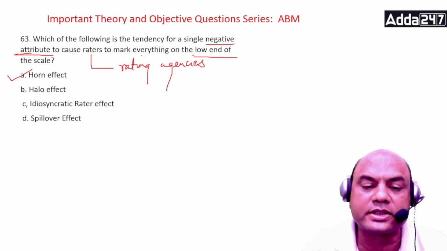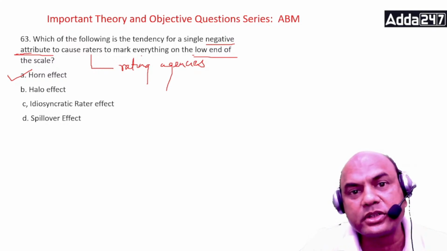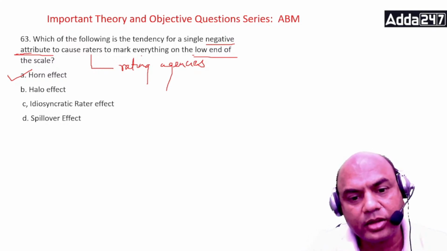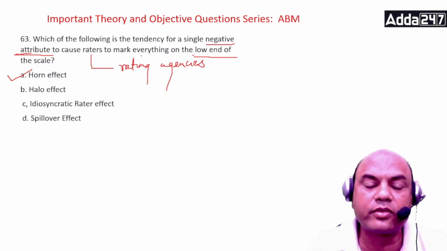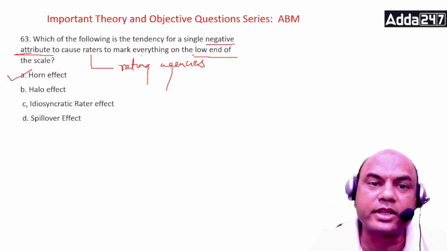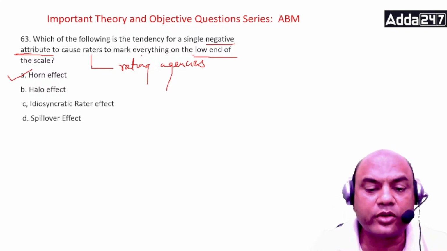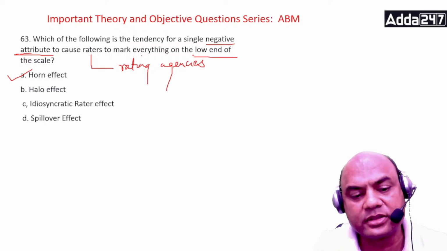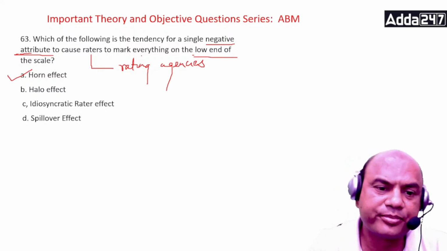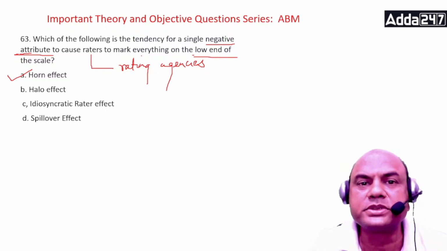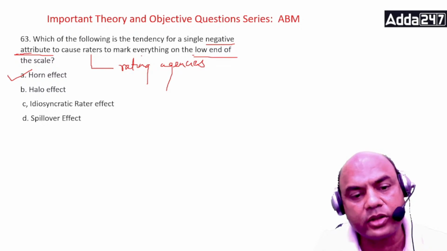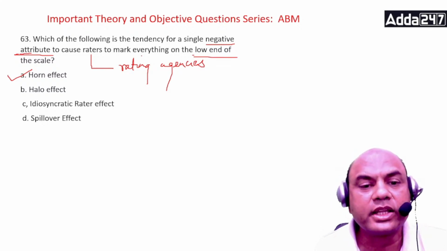Or you can call it the opposite of halo effect. Halo effect gives you the impression of good. Horn effect will give you the impression of bad. So one attribute seems to spoil everything. Like the halo effect, horn effect also makes decision making a challenge, right? So these two are exactly opposite. Halo effect gives you positive impression, horn effect gives you negative impression.